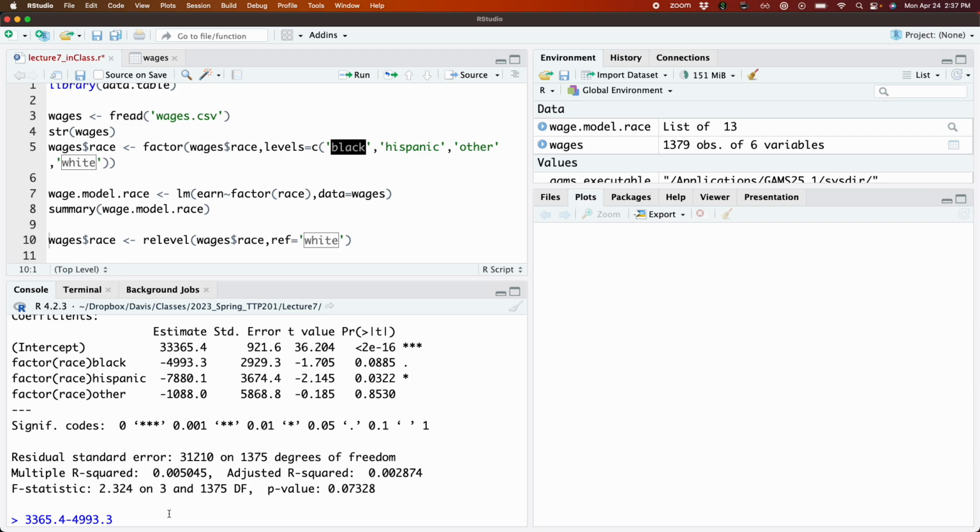In other words, it is highly, highly unlikely that they would be making $0 or less. And for someone who is black, they make on average $5,000 less than someone who's white. And there is statistical significance at the 10% level to indicate that people who are black make a statistically different amount of money than someone who is white.